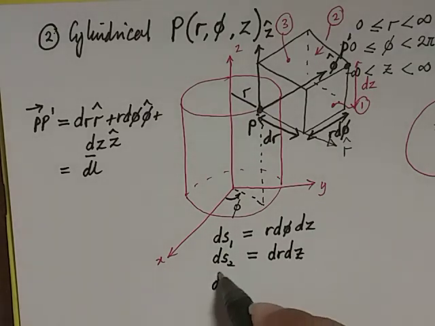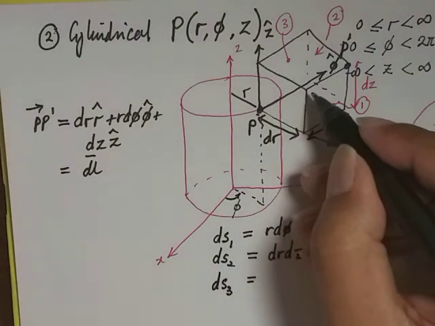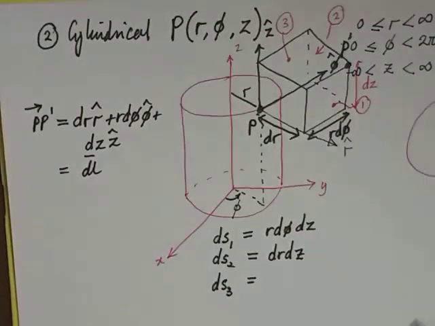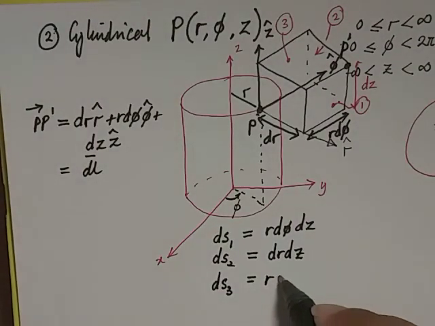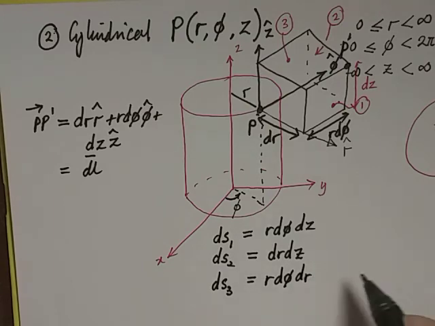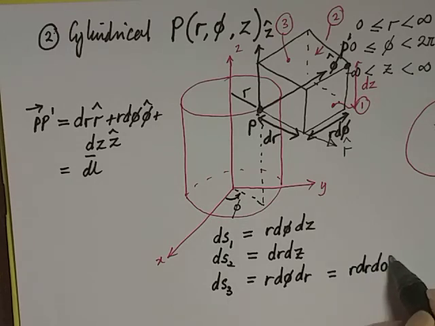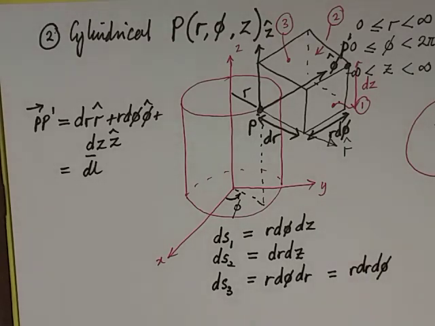And side number 3 is going to be this side, which should be r d phi multiplied by dr. And I can change this to be r dr d phi. You can do that, it's allowed.